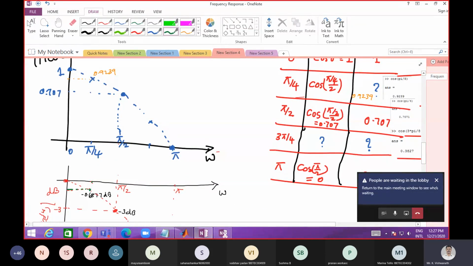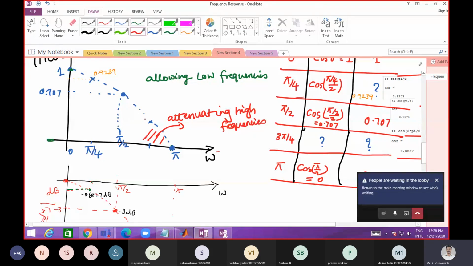For higher frequencies, the response is very less, whereas the response to the lower frequencies is high, meaning it is allowing low frequencies, whereas it is attenuating high frequencies.